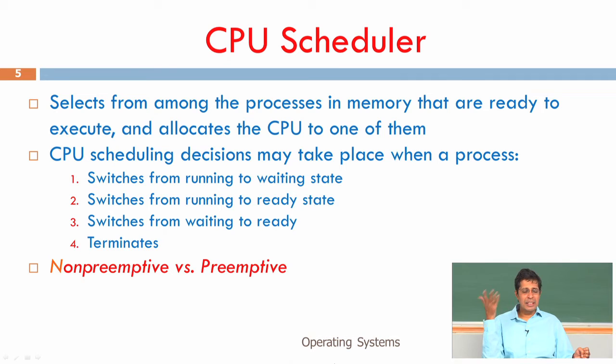Similarly, in preemptive scheduling, I can pull out the process at any point of time. There are huge security implications, especially with non-preemptive scheduling, because when it goes in and I cannot interrupt it, I really do not know what it is doing. It can do a lot of things and hide what it has done, so that at a later point it can unhide it and take it forward. So, non-preemptive scheduling of tasks has security implications, and we will look at it in great detail in the remaining part of this course and subsequent courses.